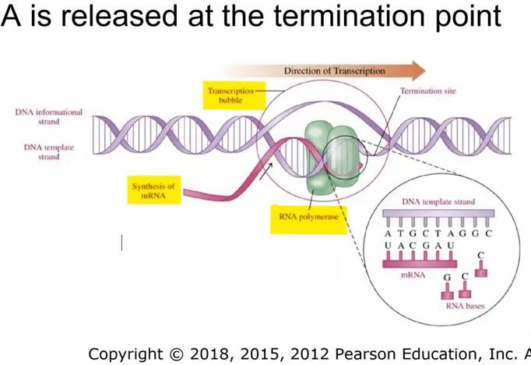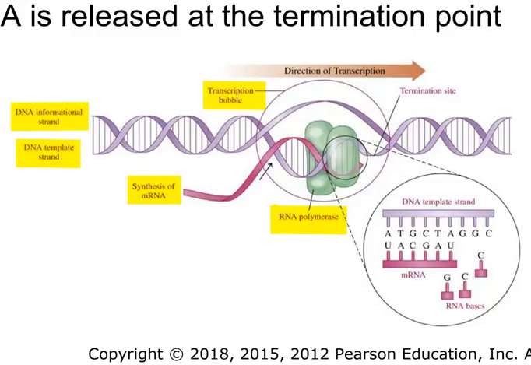There's a writing on the screen that tells you how many template strands are used during transcription. On the left, what does it say? There's one strand that is a template, and then there is another strand called informational or non-template strand that is not being used. Does it make sense?